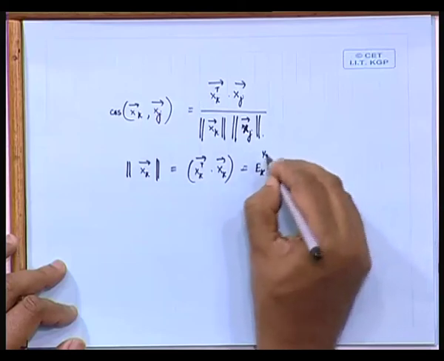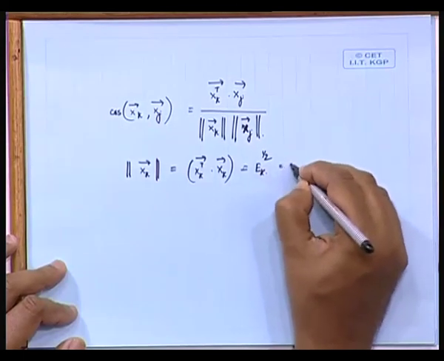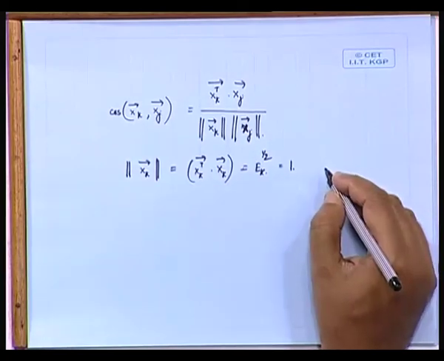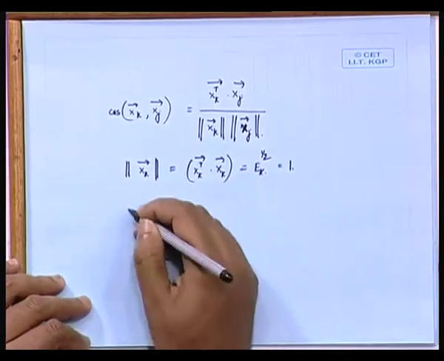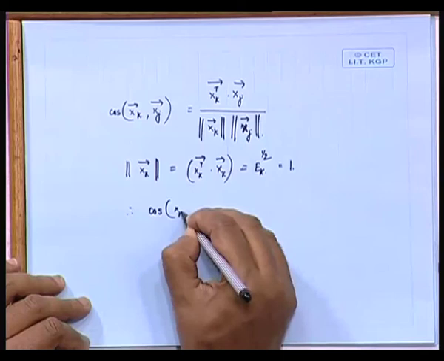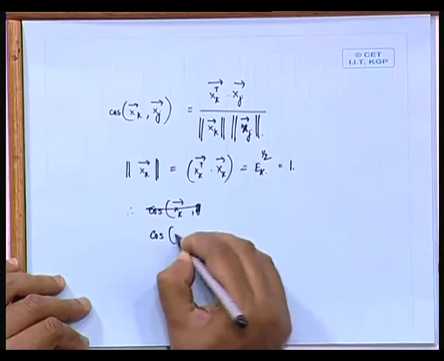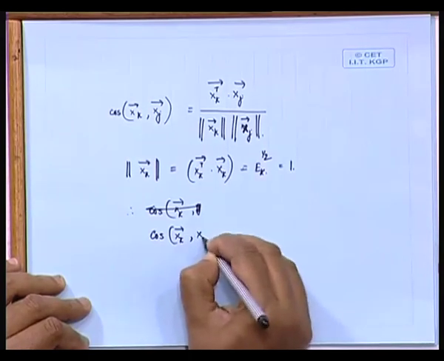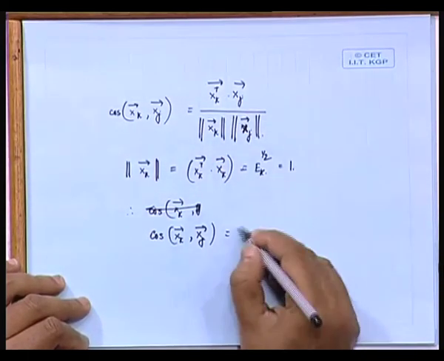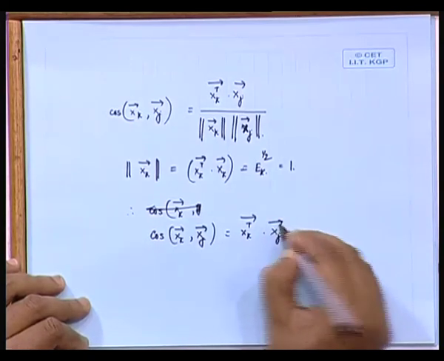In this case, in fact, it will be E k to the power half, and this is equal to 1, by our definition, I mean, by our assumption of having unit energy. So, therefore, we get the cosine of x k comma x j simply by the numerator term, that is x k transpose x j vector.